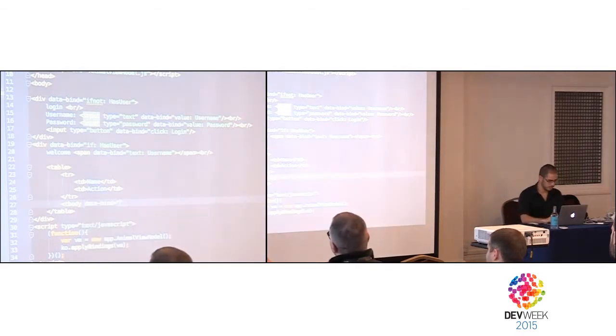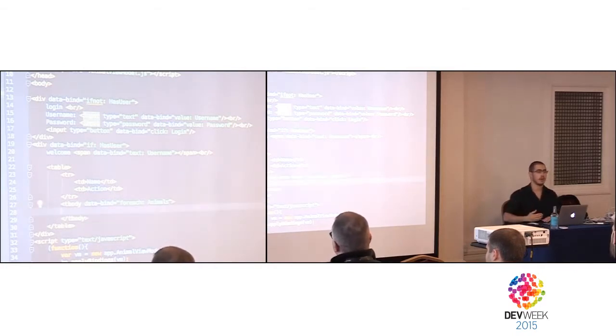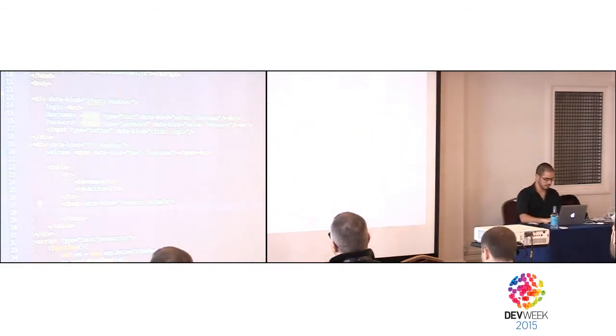So data bind, and we're saying for each, and the for each is for animals. So this is actually how I'm saying that I want to have a panel like item source or anything like that, showing a couple of things.